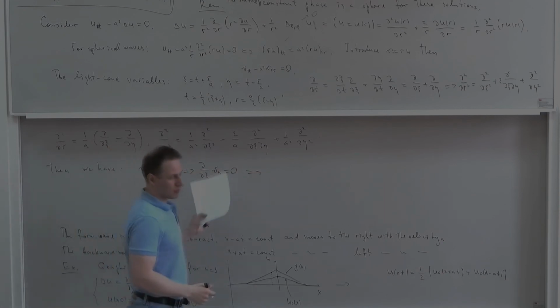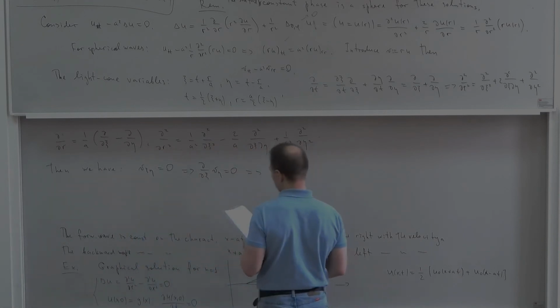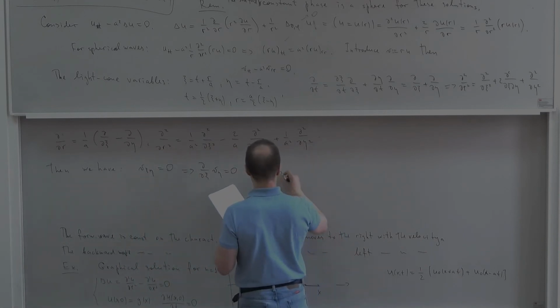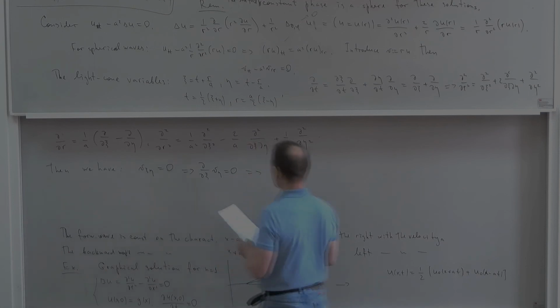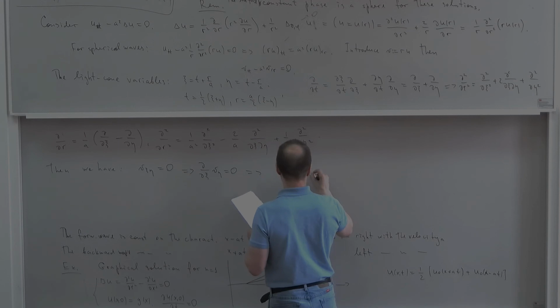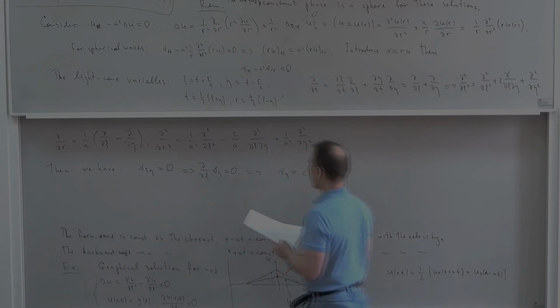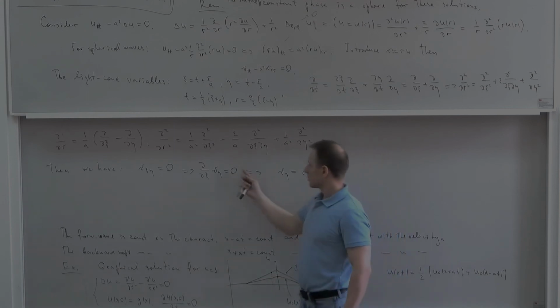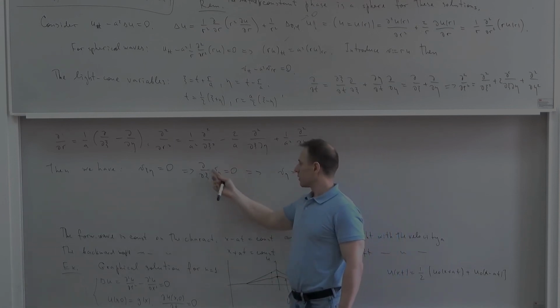Then it follows from such notation that the derivative of the function v with respect to eta is some function depending on eta. This equation means that v eta doesn't depend on psi.